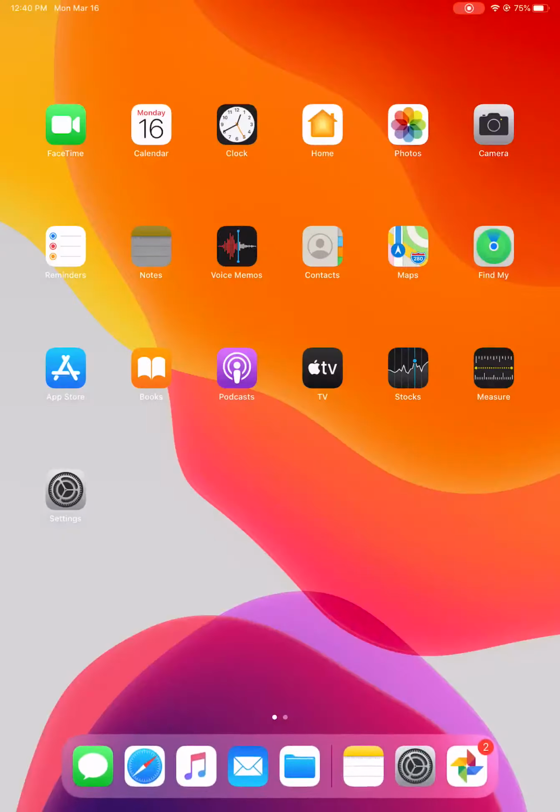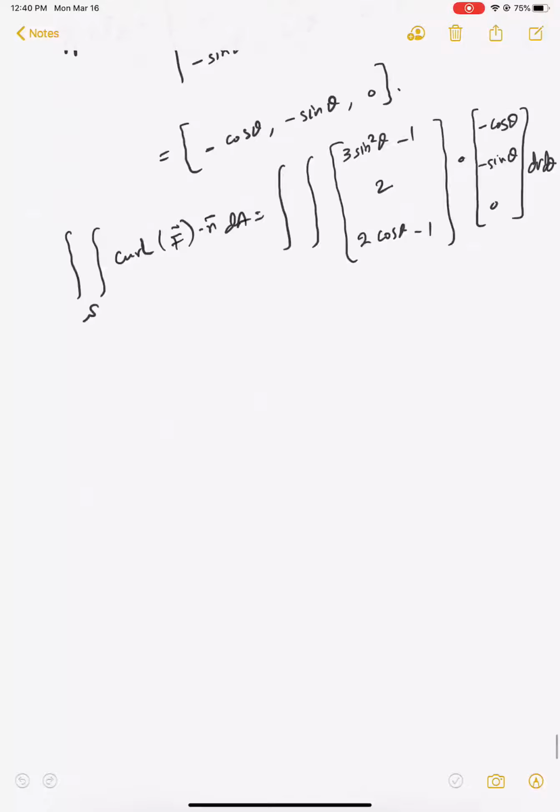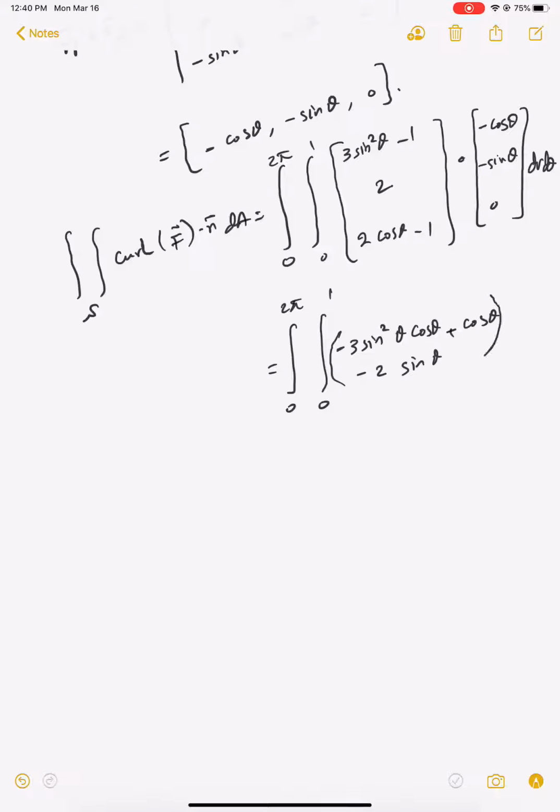Now we compute this integral. So this is from 0 to 2 pi, from 0 to 1. What is it? It's minus 3 sine squared theta cosine theta plus cosine theta minus 2 sine theta, all of this, dr d theta.